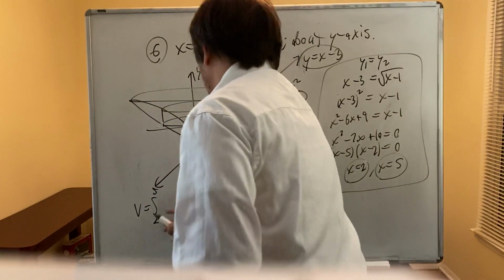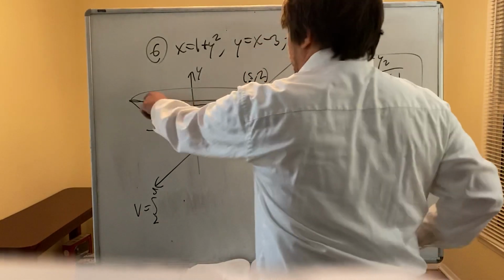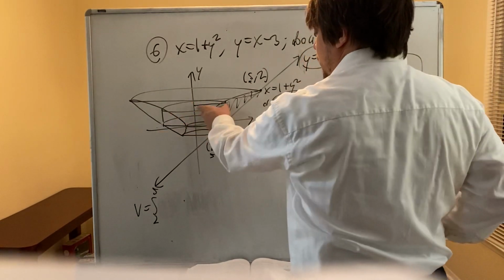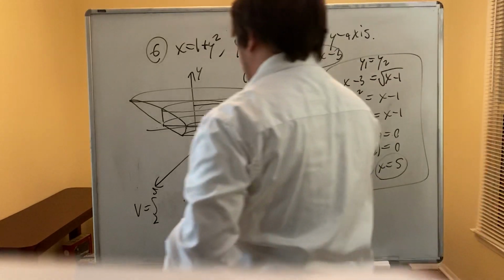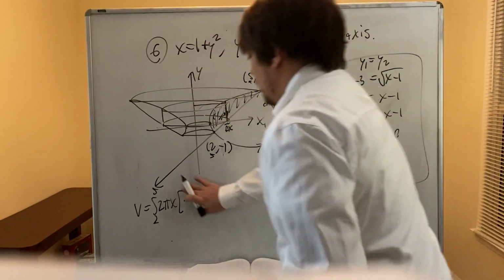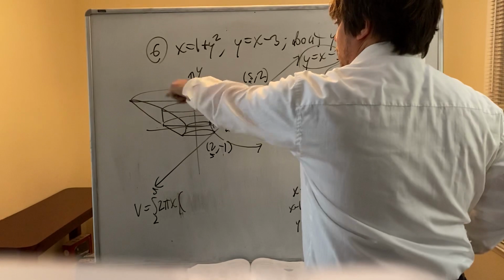We're using cylindrical shells, so the radius is just the x coordinate, and it's with respect to x. This is 2 pi x times the height. 2 pi x is the circumference of the circle.